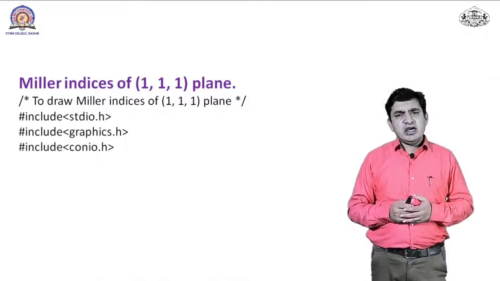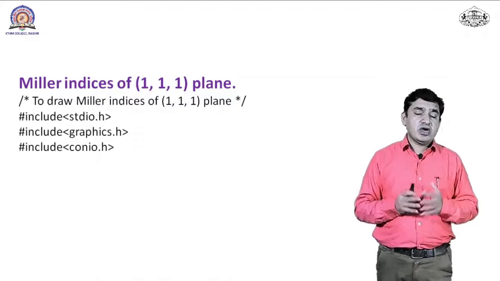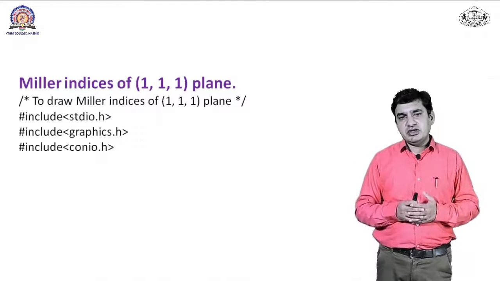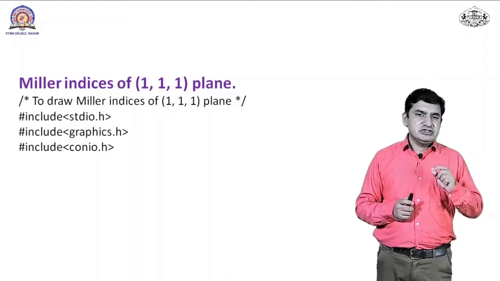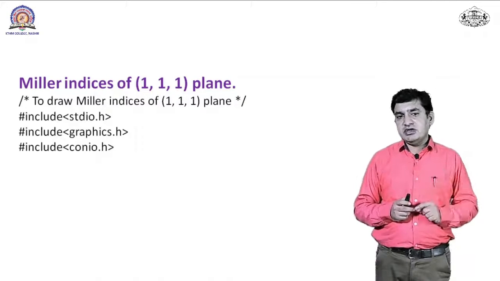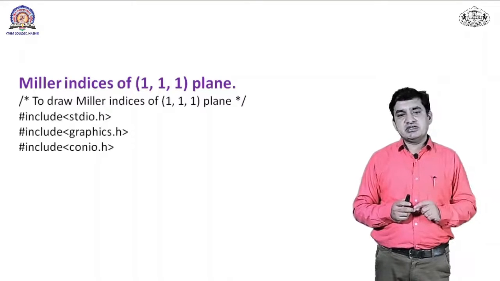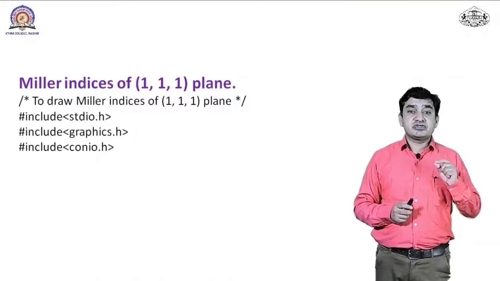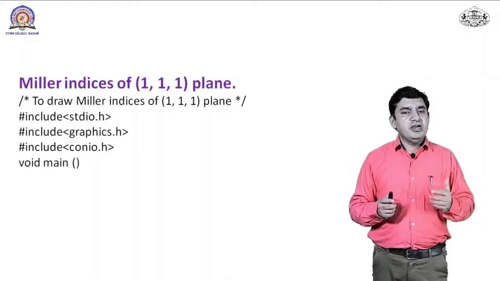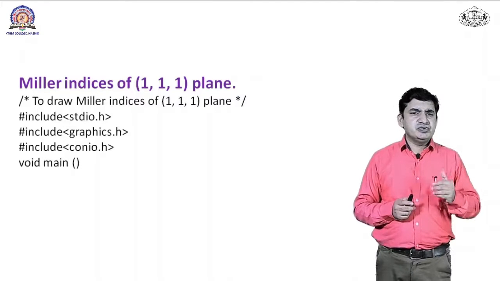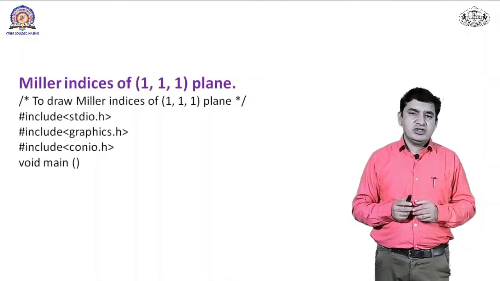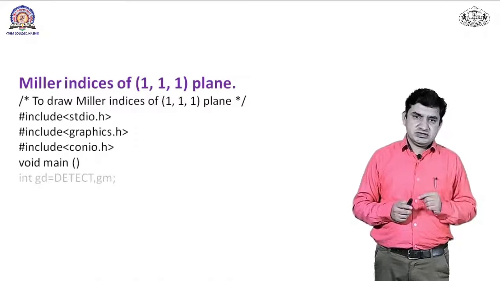Then #include conio.h. Conio.h is used because in this program we use getch and clear screen. Void main is used to execute the code.